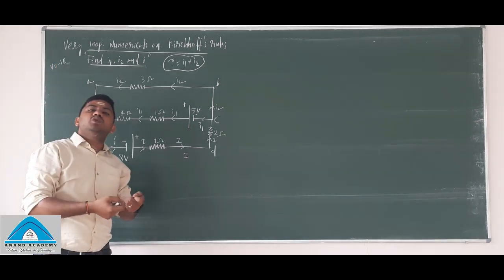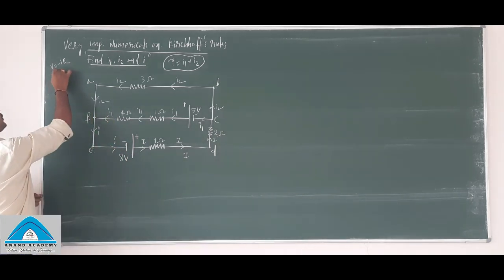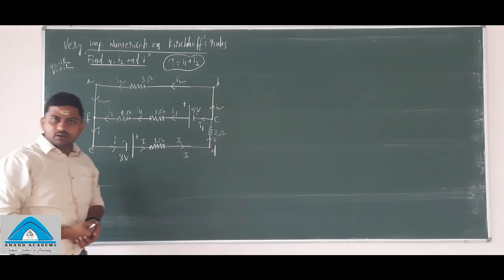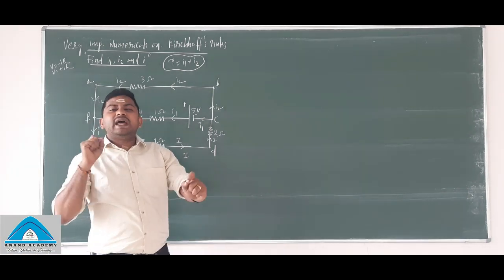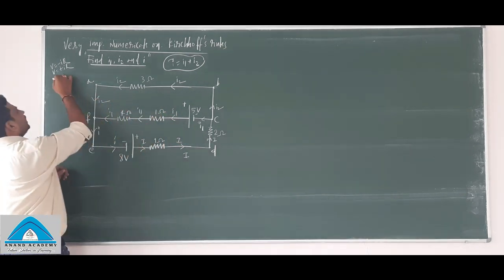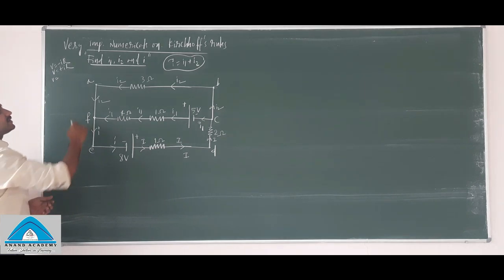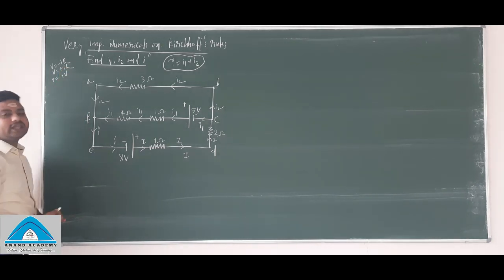If the current is moving opposite to our loop direction, the potential difference across that resistor will be plus IR. When our loop direction is touching the negative terminal of the cell, the potential across it will be, plus or minus? It is plus V.